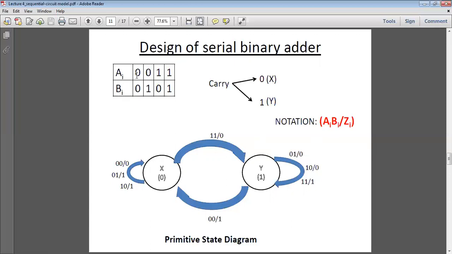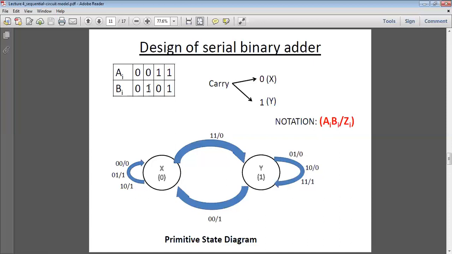So here, if we consider 0 0 and add, what will happen? First, the carry is 0. If we add 0 0, then 0 plus 0 plus 0, the output is 0, and there is no carry, so the carry is also 0. So it will be a self loop, 0 0 with output 0.